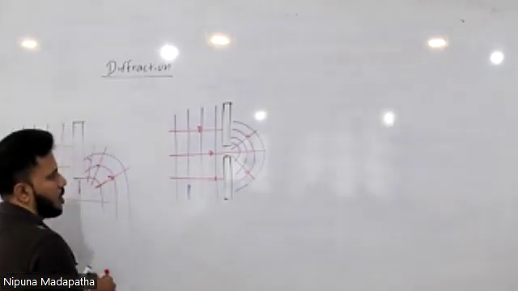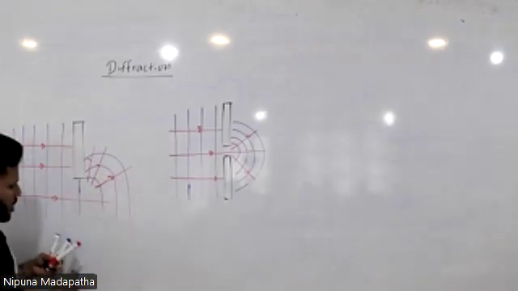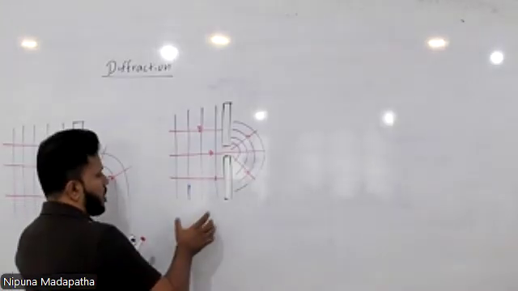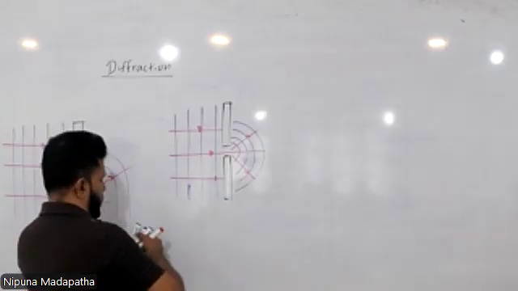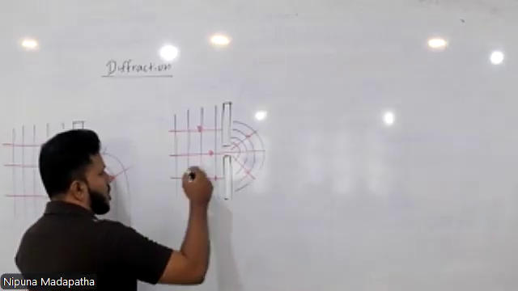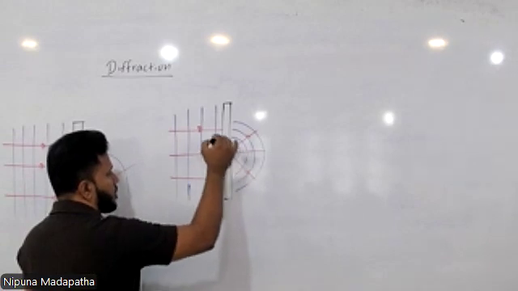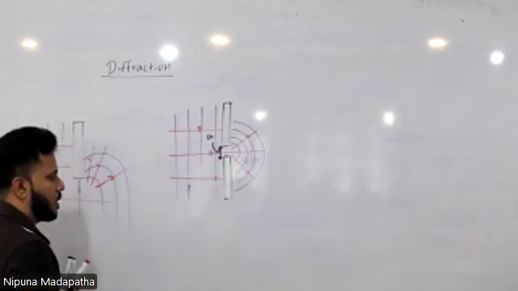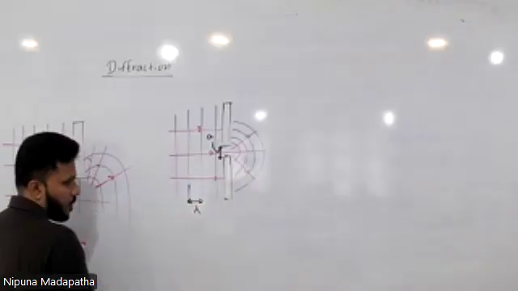So this is known as diffraction. In order to observe pronounced diffraction, there's a condition that this wave should satisfy. Suppose the size of this aperture, this obstacle or this hole, is equal to a, the width of the hole, and the wavelength of the wave is lambda.